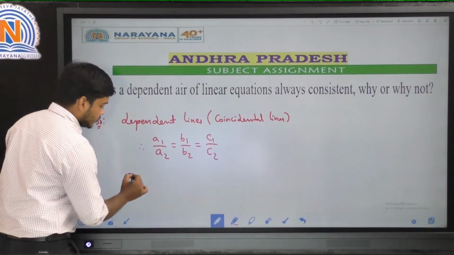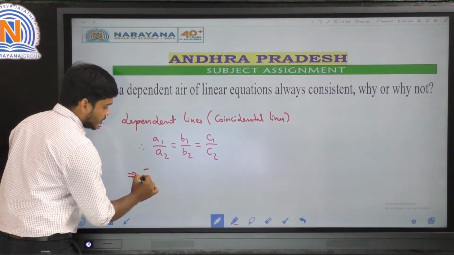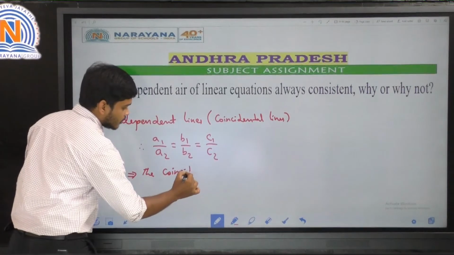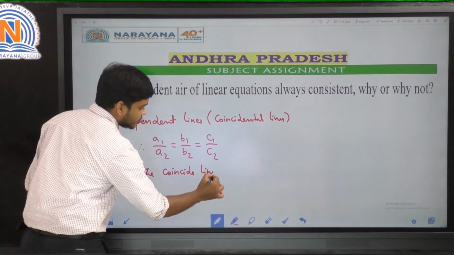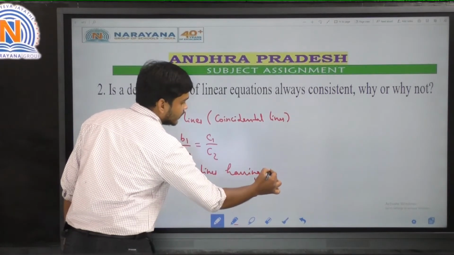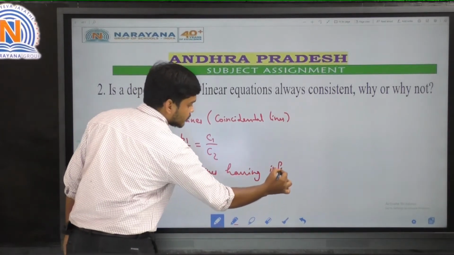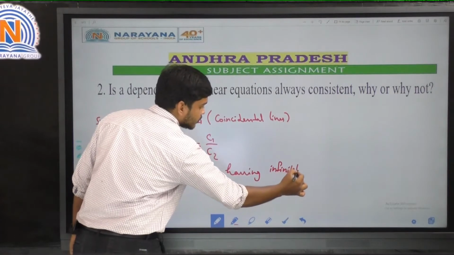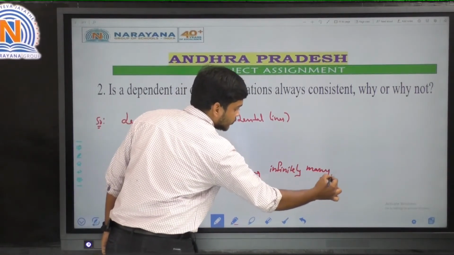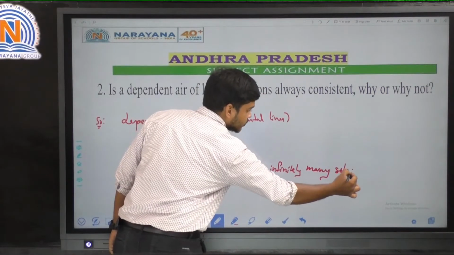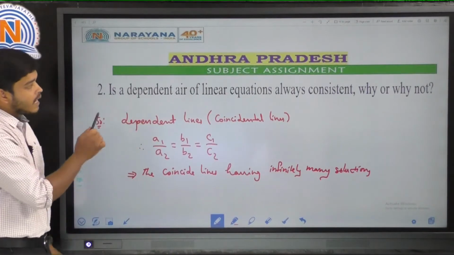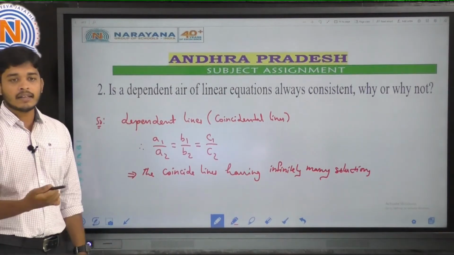So the coincident lines have infinitely many solutions. See children, lines having many solutions, are they consistent or not?